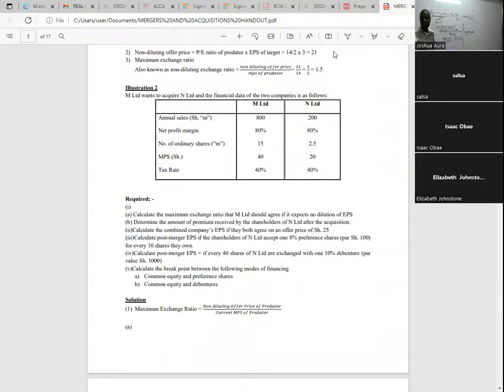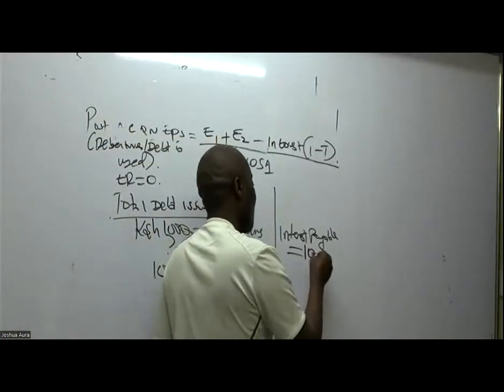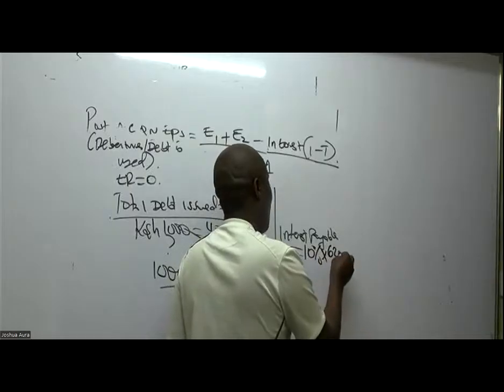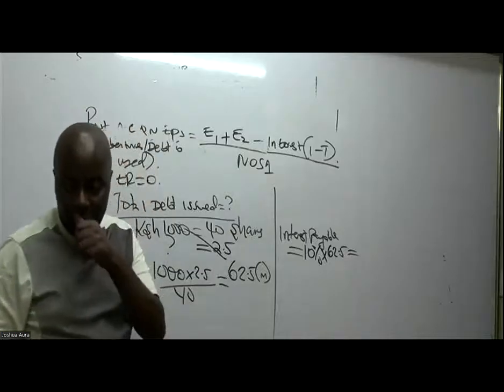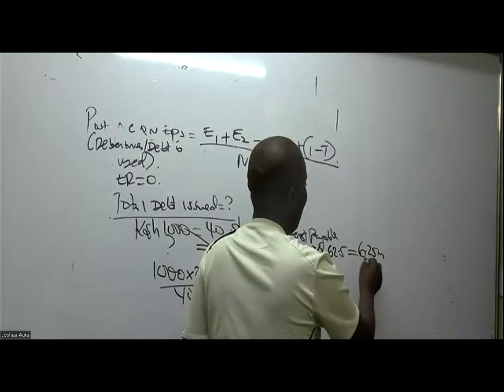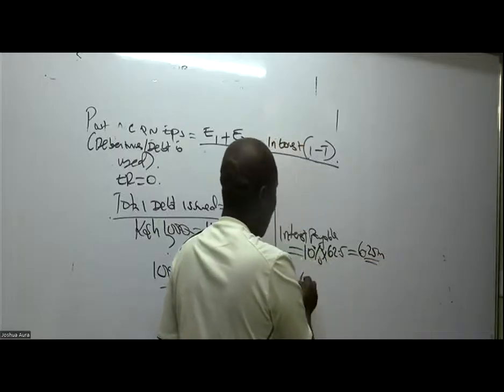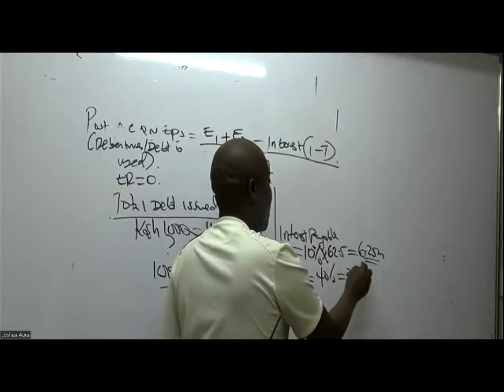So interest will be 10% of 62.5, which gives 6.25 million. And then, of course, they have given me the tax rate. Tax rate in the question is 40%, which is the same as 0.4.